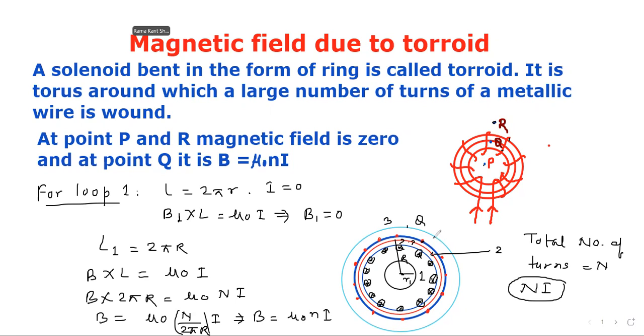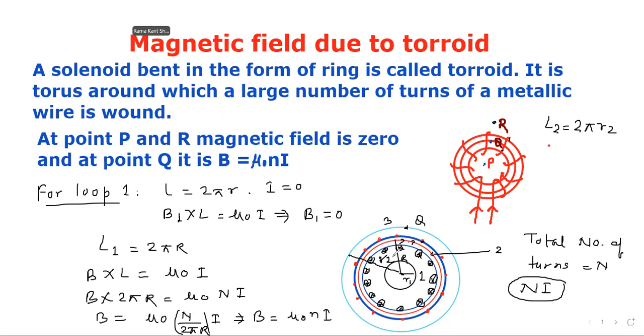Now we consider the third Amperian loop. In this loop, we can take its radius as, suppose, R2. The length of this portion, suppose L2, will be 2 pi R2.